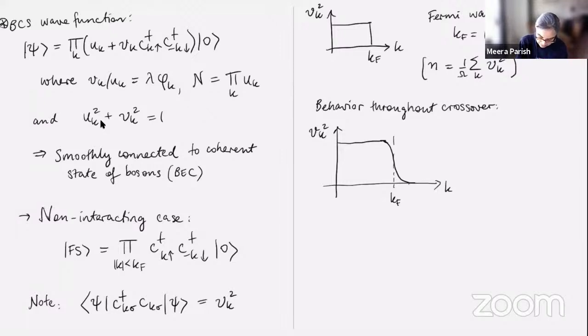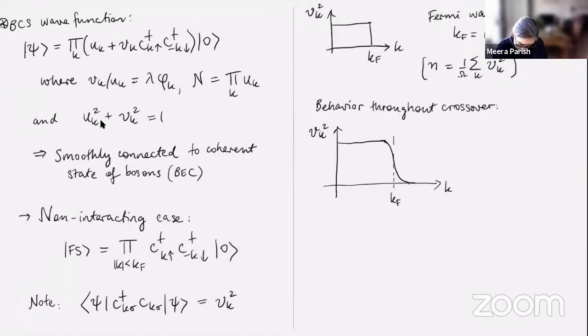You remember that this VK, when we started out with the coherent state of tightly bound bosons, was in that limit proportional to the wave function of the tightly bound pair. So what you're going to find is that this smoothly crosses over into the wave function of a tightly bound pair.